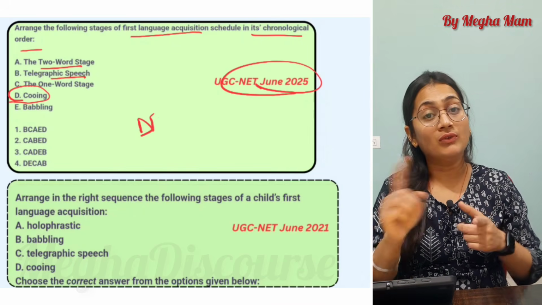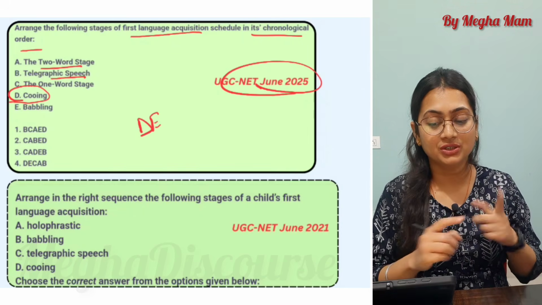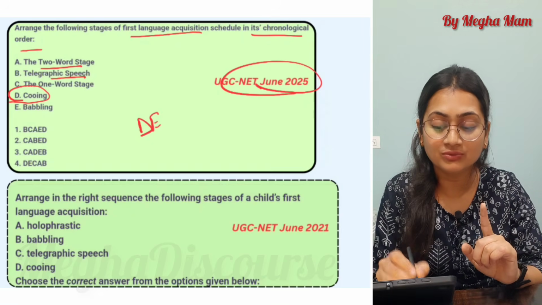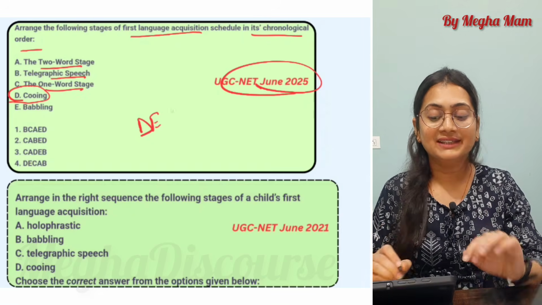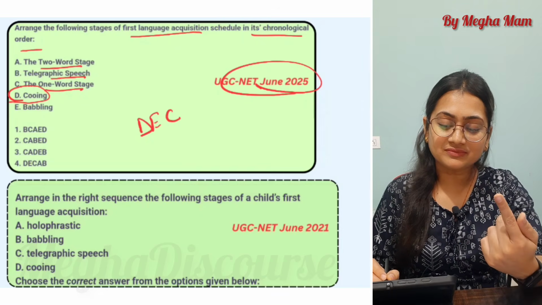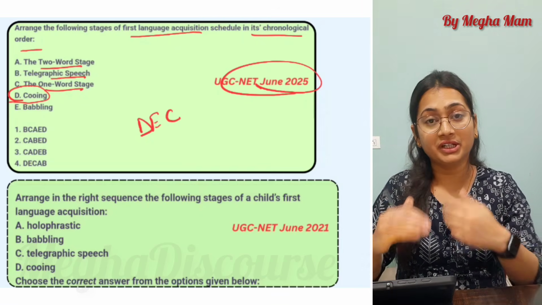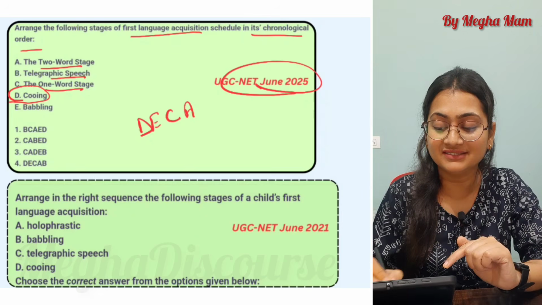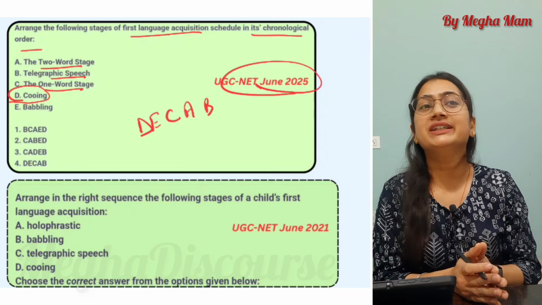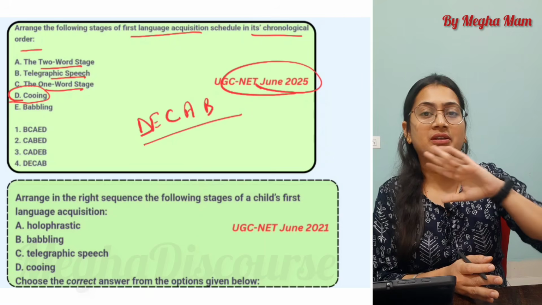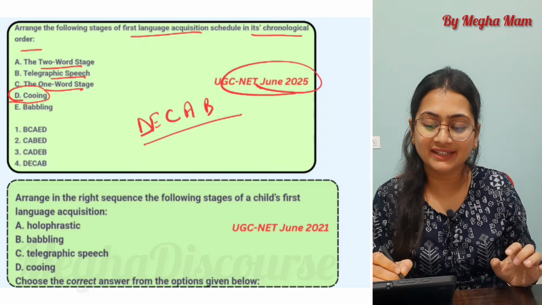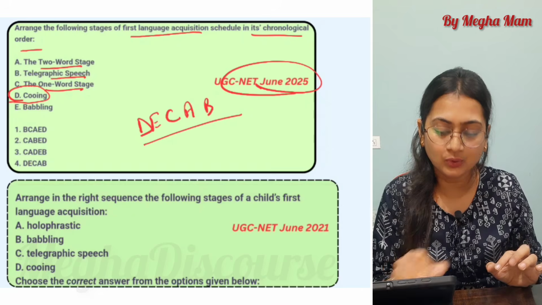First he learns vowel sounds, then consonant and vowel mixtures. Then he uses holophrastic, the one-word stage, that is C. Then the two-word stage. After one word he moves to two words, then telegraphic, where he uses words but ignores pronouns and verb structure. So that is DECAB.